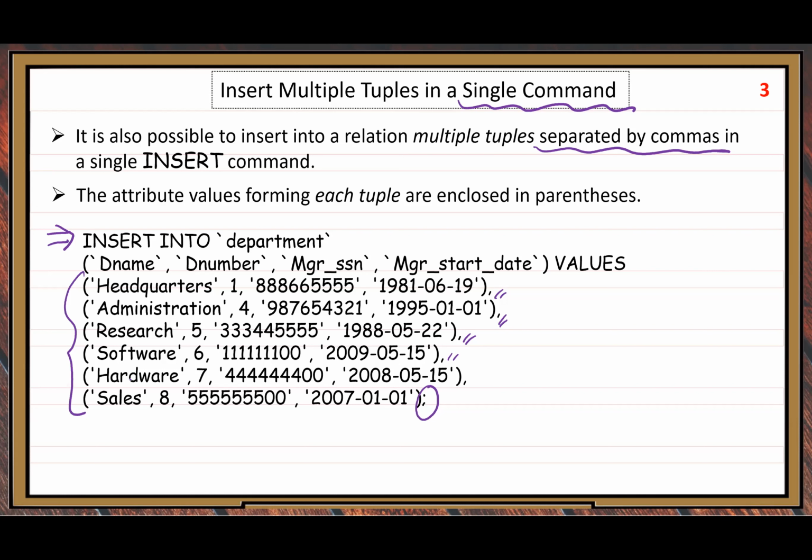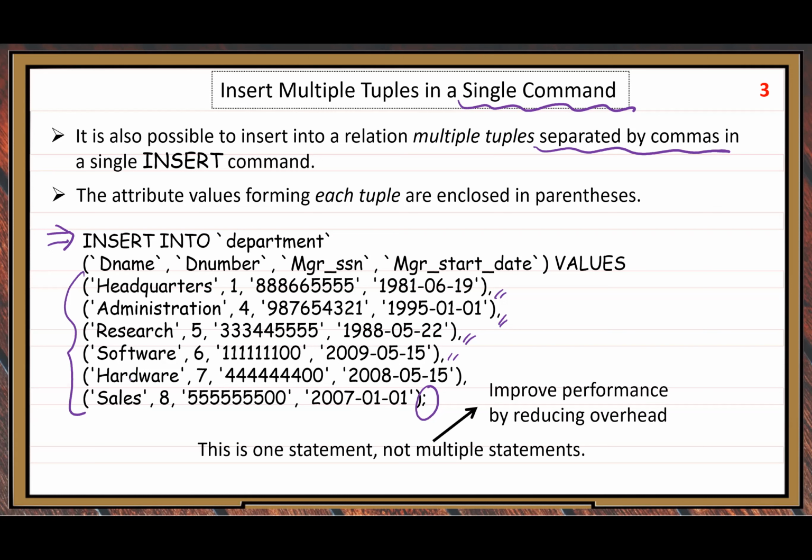So you may ask why significantly slower. The reason is simple: in this way, you can reduce the overhead part. In a DBMS, to execute one statement, you need to do preparation. Let's treat this as the setup part.